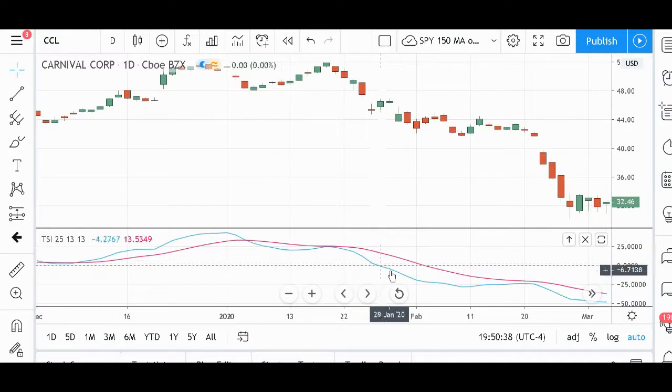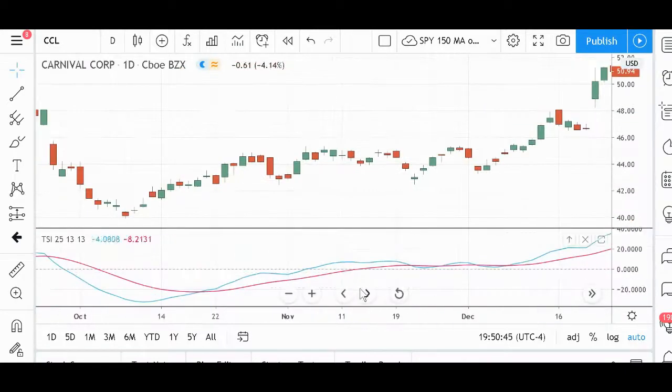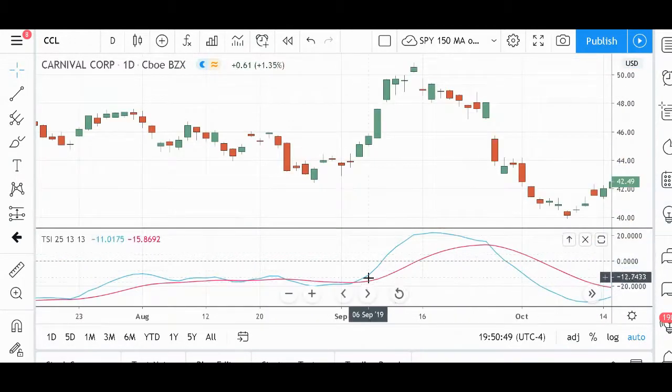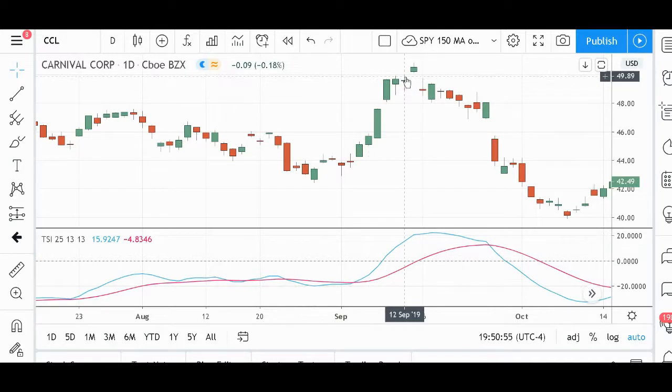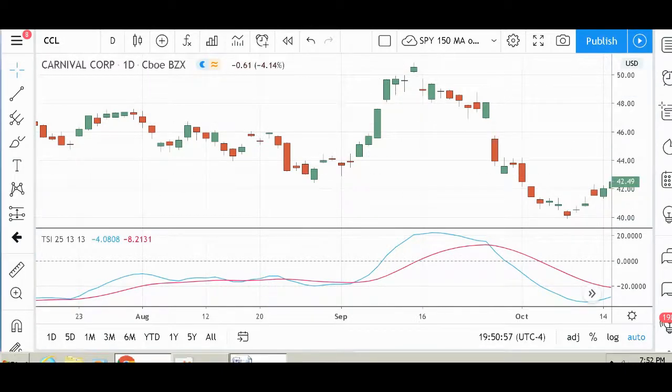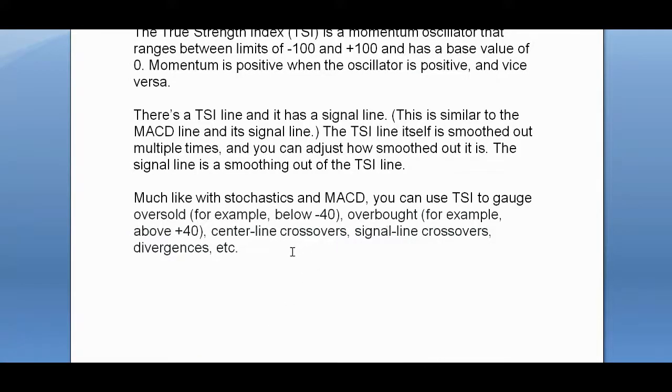You could have taken profits when that happened here, and you would have avoided all this downside. And maybe the opposite: if the TSI line is below 0, then pops above it, you buy it right at that moment and ride it up. These are all possibilities.